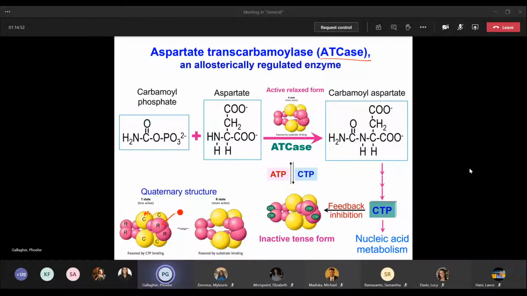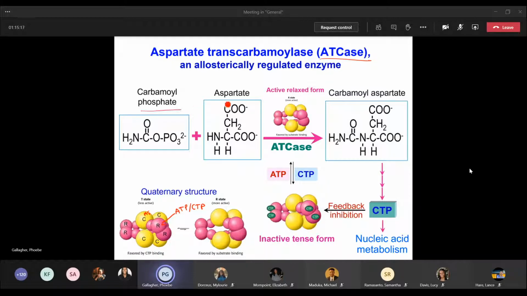Either ATP or CTP would bind here and alter the conformation of the catalytic sites to make them either more receptive or less receptive to binding the substrate. That's pretty much how it works at the molecular level.